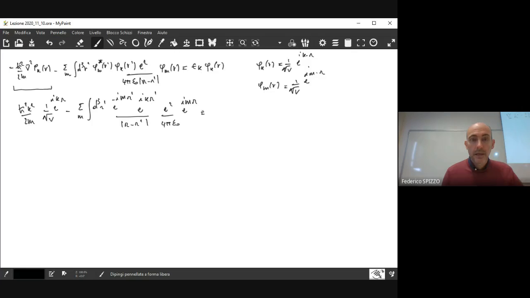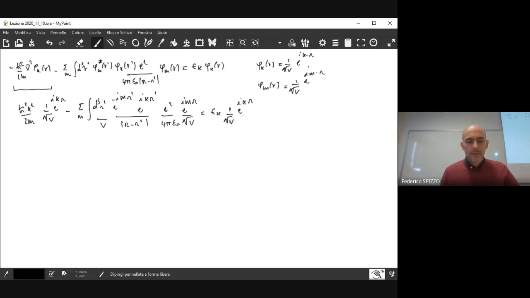And here we have a square root of the volume below this wave function, and then we have a volume here because we have two phases. So we have the square root coming from the first one, square root from the second one, so we have just V. On the other side, we have the energy of k times 1 divided by the square root of the volume e to the I k r.